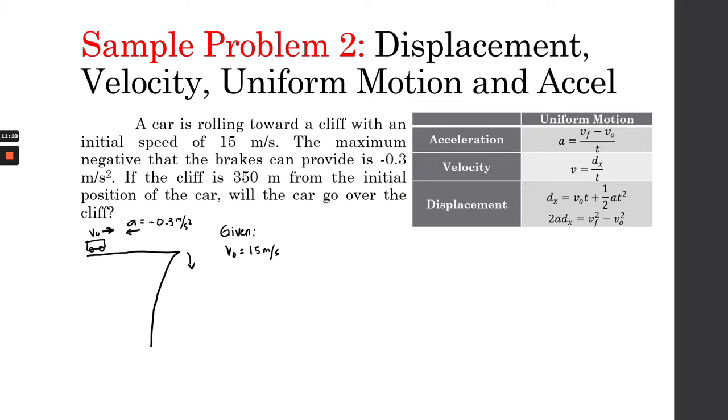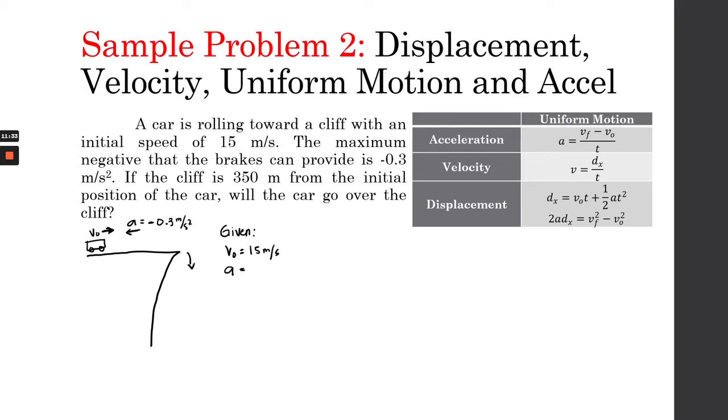It gave us that negative sign. What this means is it's basically deceleration. It is slowing down the speed of the car. And this is what you want, because if you keep speeding up, you're going to end up falling into the cliff. So what you want is to decelerate the car by giving it a negative acceleration.